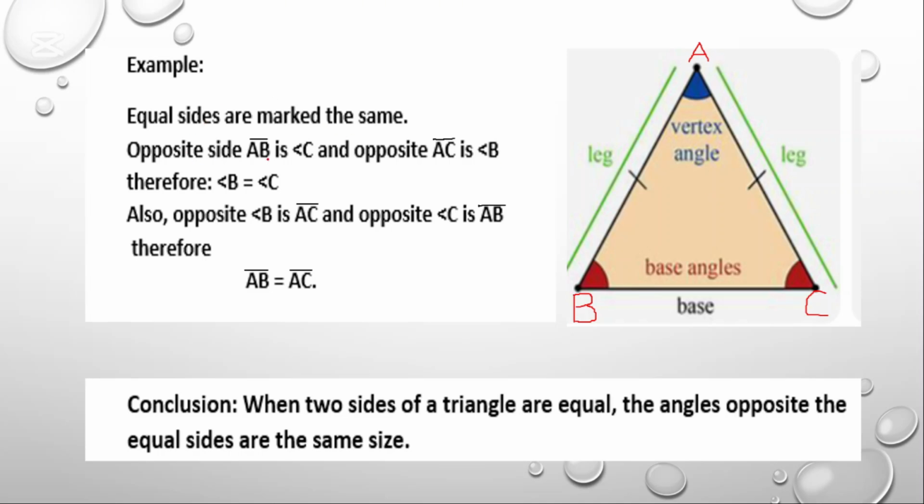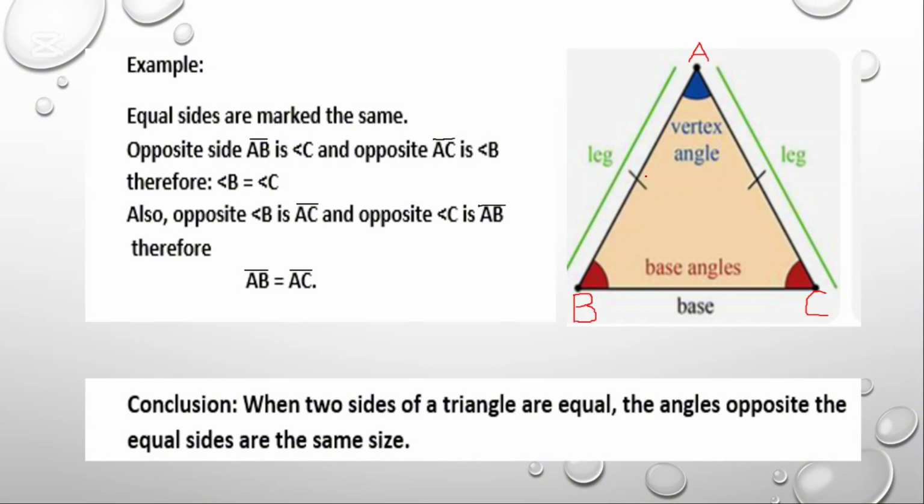Opposite side AB is angle C. And opposite AC, opposite this side, is angle B. Therefore, B is equal to C. So we have now the angles opposite the equal sides are equal.